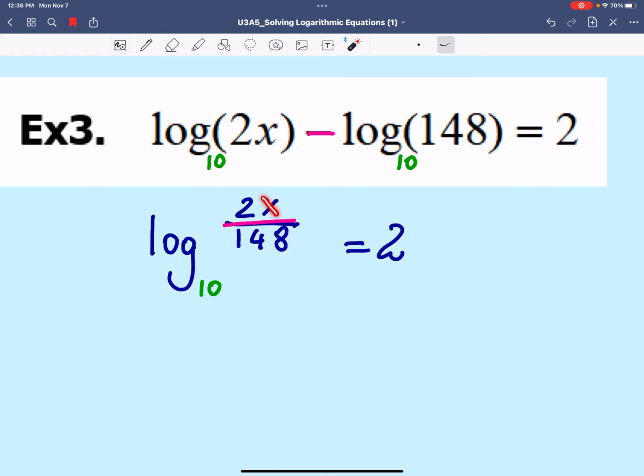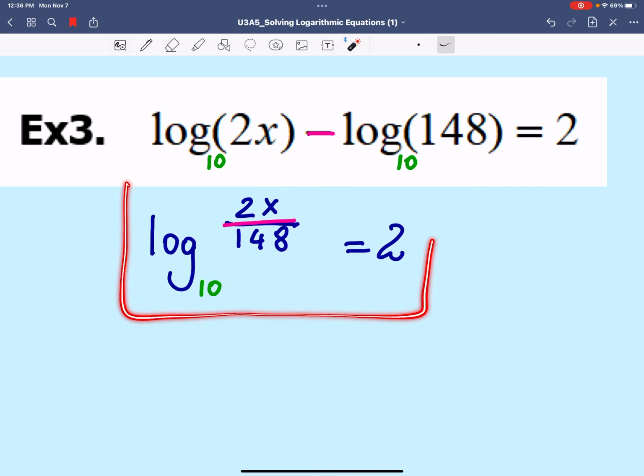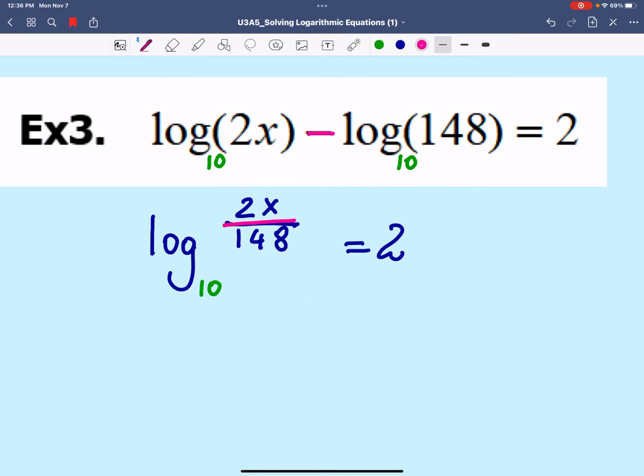And in order to solve for the unknown, we need to express whatever is inside the log in exponential form. So we're going to convert, in other words, this logarithmic statement into an exponential statement. So that means that 2x over 148 equals the base 10 to the power of 2.